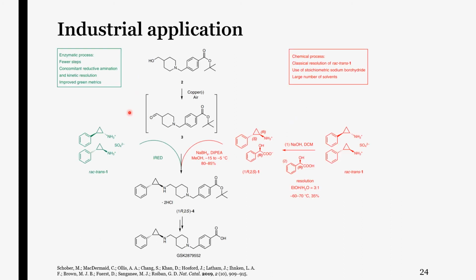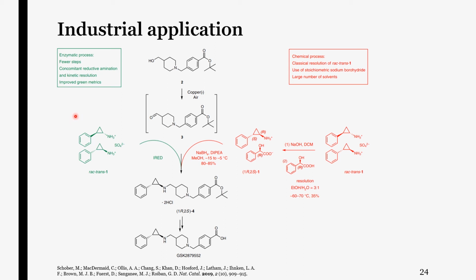Imine reductases can also be employed for industrial purposes. So here, the people from GSK had an approach to synthesize this demethylase 1 inhibitor from GSK, and there they used different kinds of racemic mixtures, and they could develop an enzymatic process.